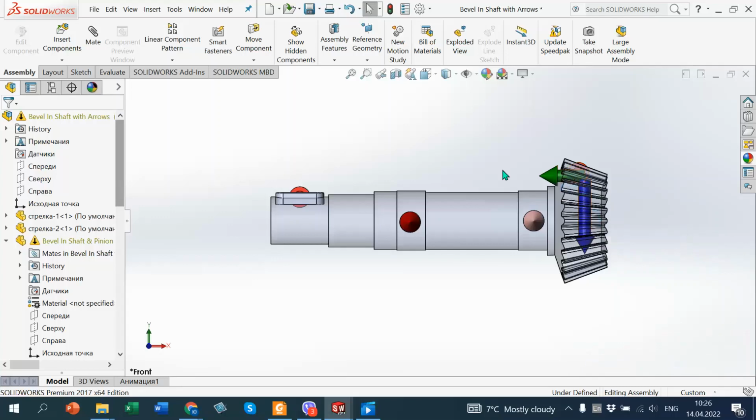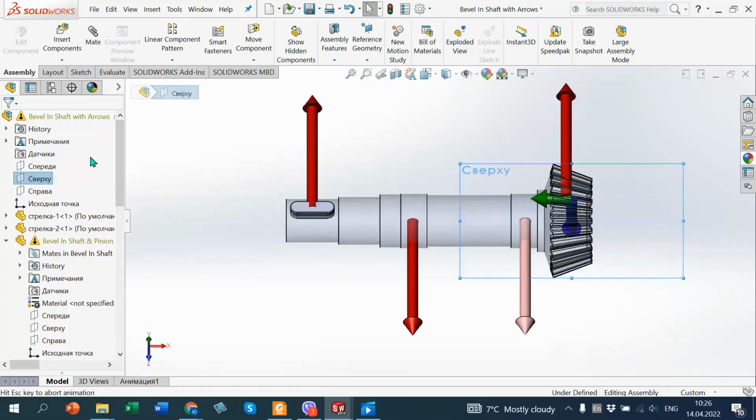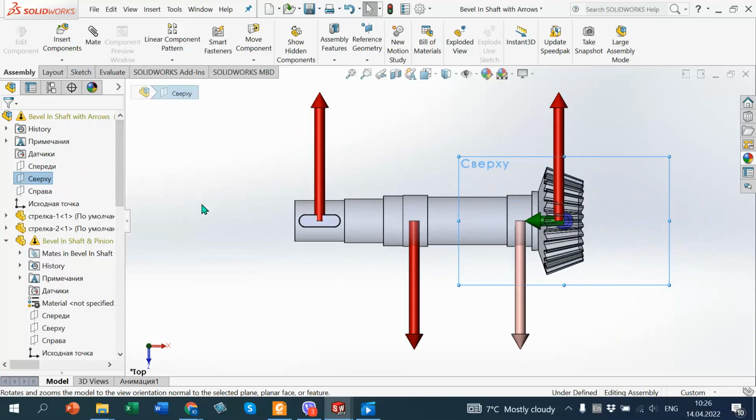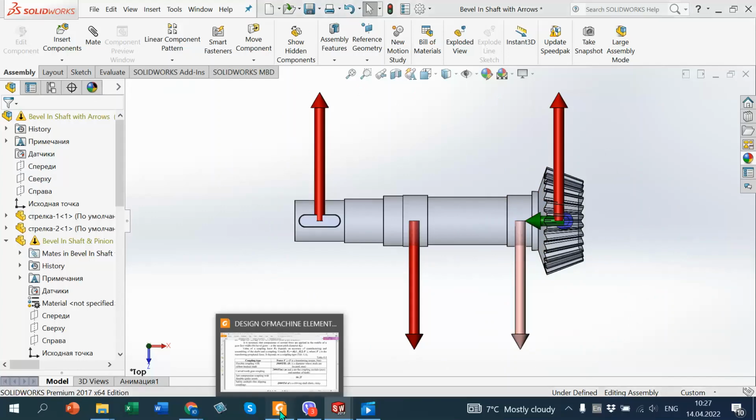It is a vertical plane, and if we consider horizontal one, we'll have something like this. Two forces which are directed in one direction and two forces which are reactions. So finally let's consider this diagram schematically.